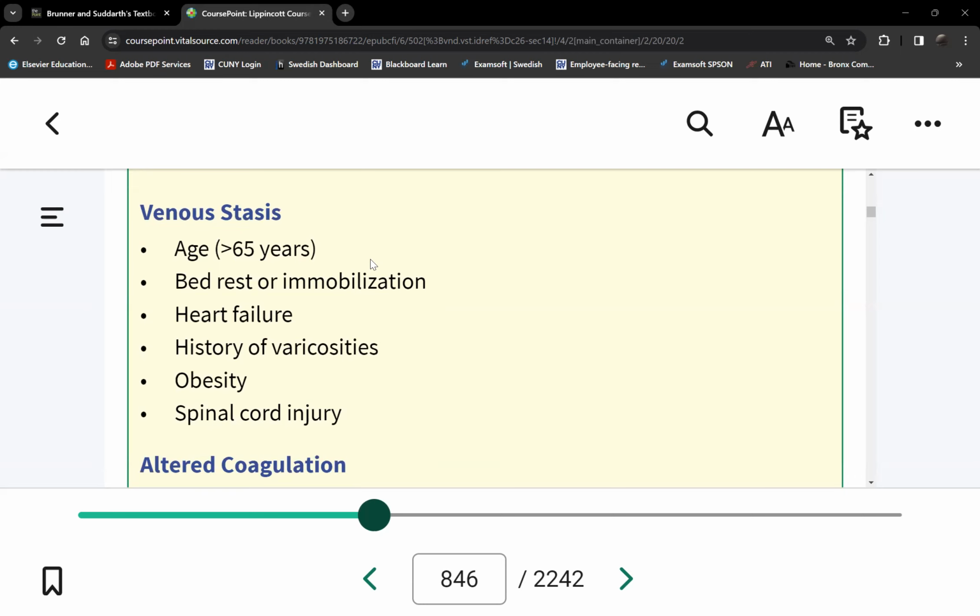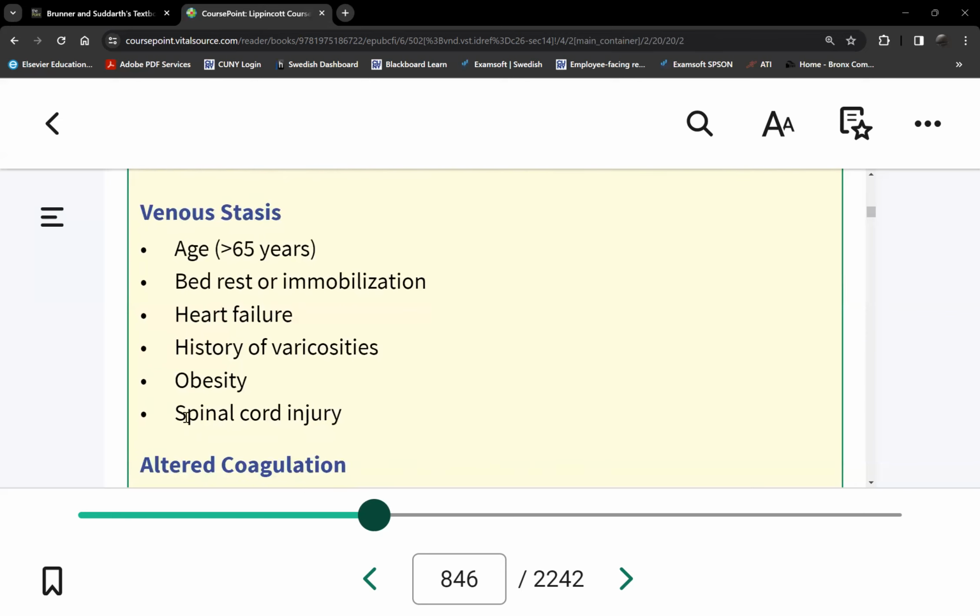So any patient who has immobility or a cardiac problem, for instance, such as heart failure or atrial fibrillation, atrial flutter, causing blood to pool in one or more areas of the body. Doesn't matter where it pools inside the heart chambers, pools in the legs, pools in the arm, pools in the sacrum, doesn't matter. Venous stasis will lead to clot formation.